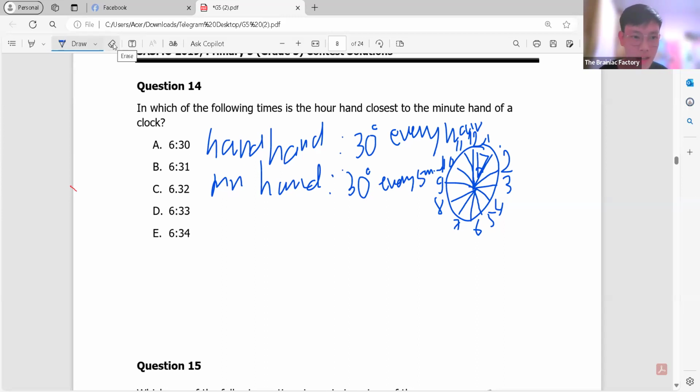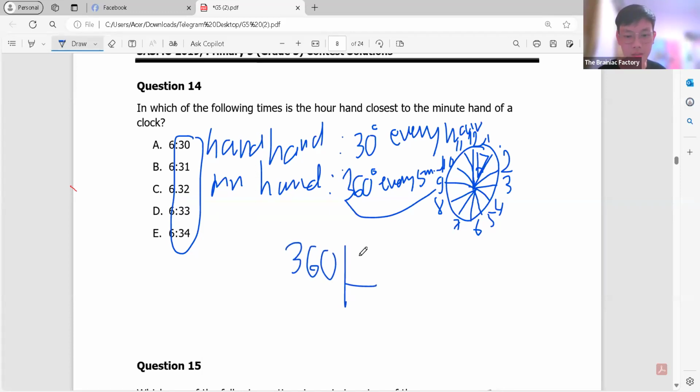Okay, so the minute hand moves 360 every hour. And what we want to do is to find the distance for each minute, because we're having the difference of minutes here, so that we can try and eliminate some of the answers. So we're having this one an hour, so 360 divided by 60, because 1 hour we're having 60 minutes, and it's giving us 6 degrees.